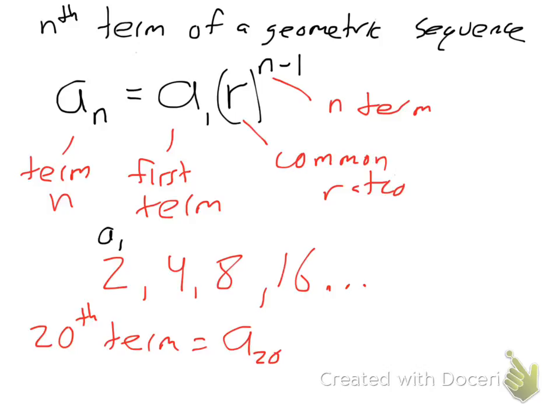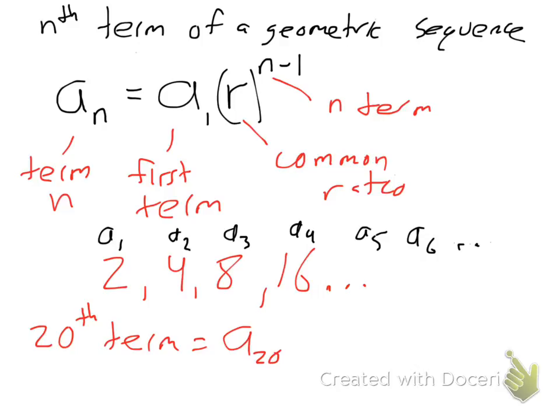Then it's a2, then a sub 3, a sub 4. I could keep going with a5, a6, and on until I got to the 20th term. Does anybody really want to do that? No. There's got to be a better way.